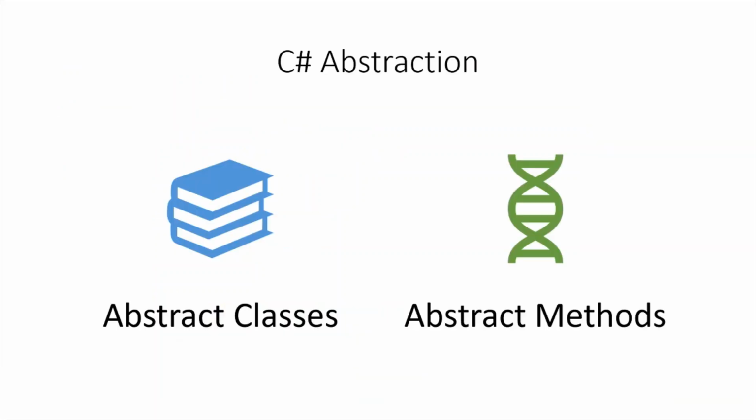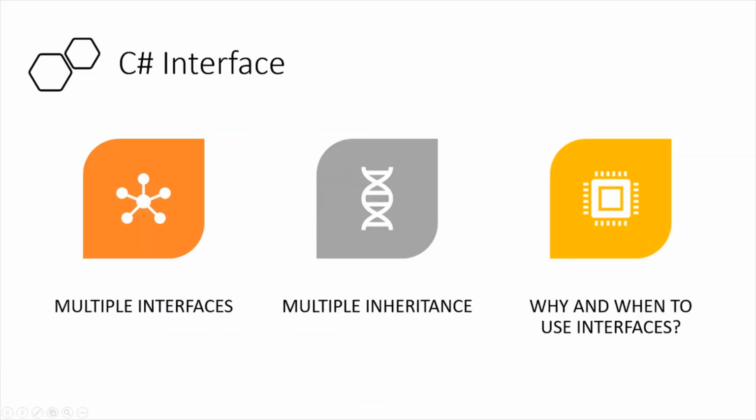Next is interfaces. What is an interface then? Another way to achieve abstraction in C# is with interfaces. An interface is a completely abstract class which can only contain abstract methods and properties with no definition.